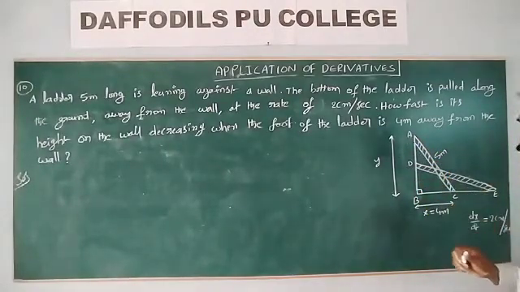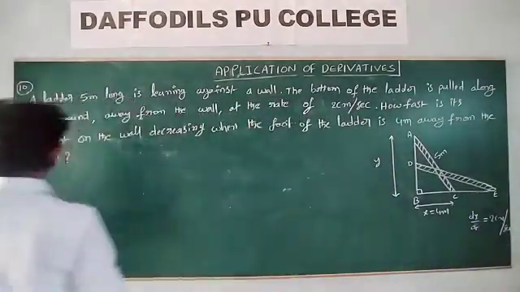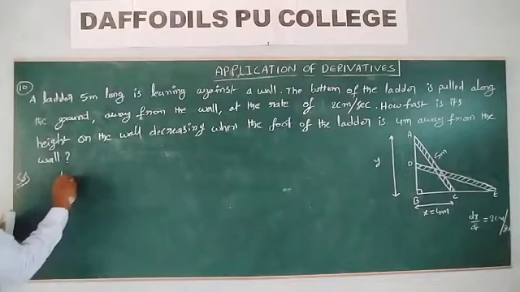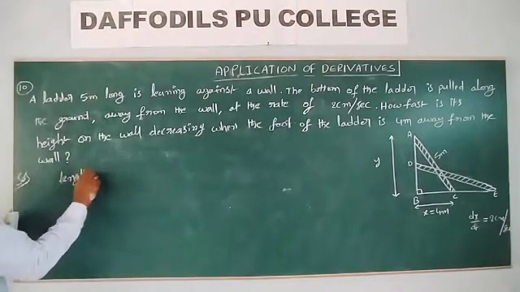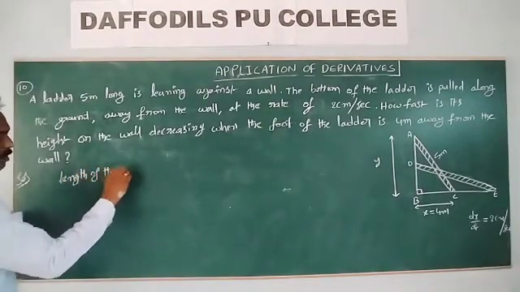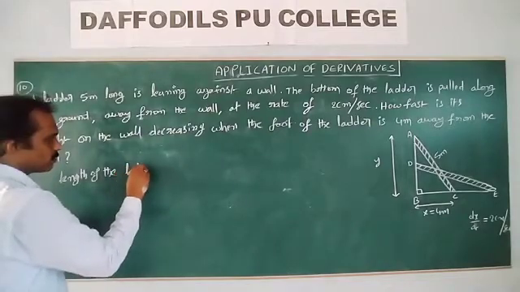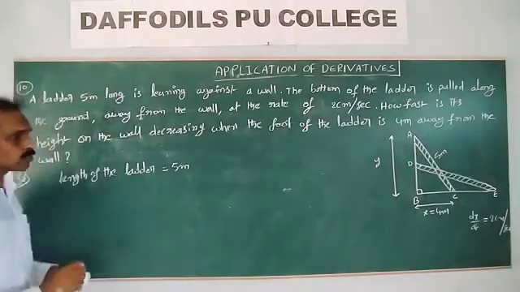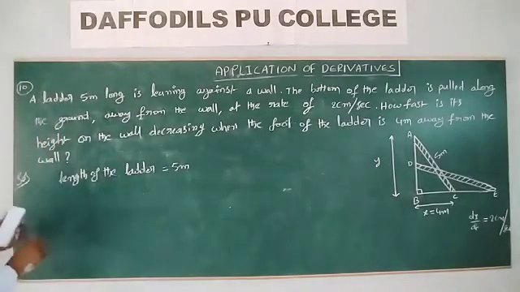ABC is the right angle triangle. So first of all, write the given data. Length of the ladder is equal to 5 meter.